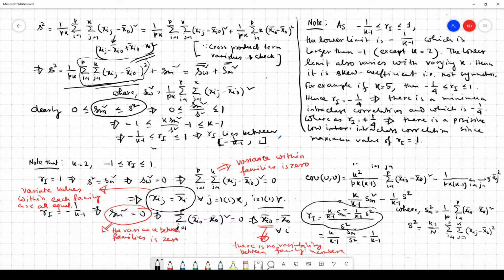If it is symmetric, it means 1 by 4 should be the maximum correlation coefficient, but the fact is this is not the maximum. It is a low positive correlation coefficient, and the maximum correlation coefficient is +1. So this is the reason we say that the correlation coefficient is skewed and is not symmetric.